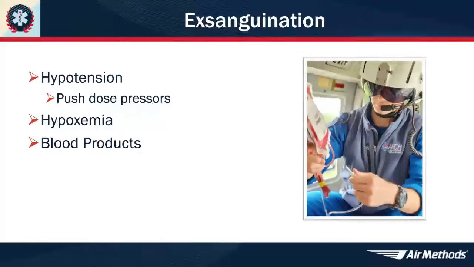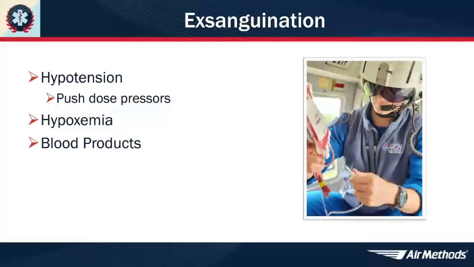Exsanguination, this one's pretty self-explanatory, right? If they're bleeding out, we need to stop that by whatever means, so make sure you have tourniquets available. Don't forget direct pressure and simple things like that too, but if they're exsanguinating, we've got to stop that, right? That takes priority over the airway. We've got to stop the bleeding and then hopefully replace it.